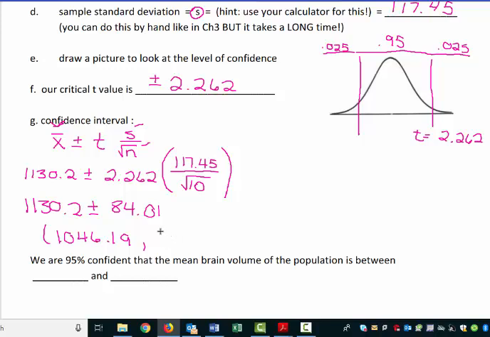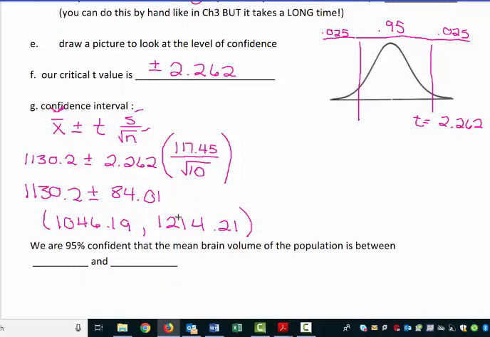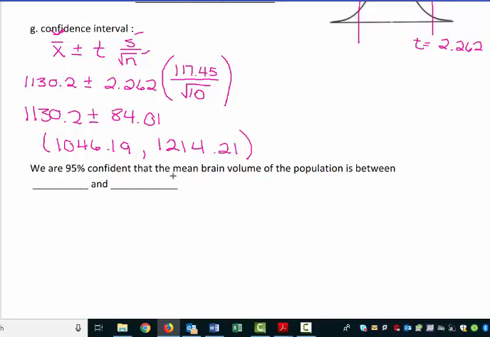Your top number is going to be 1214.21. Okay, so what this means is from our sample that we did, we are 95% confident that the population mean is going to be somewhere in between these two guys.